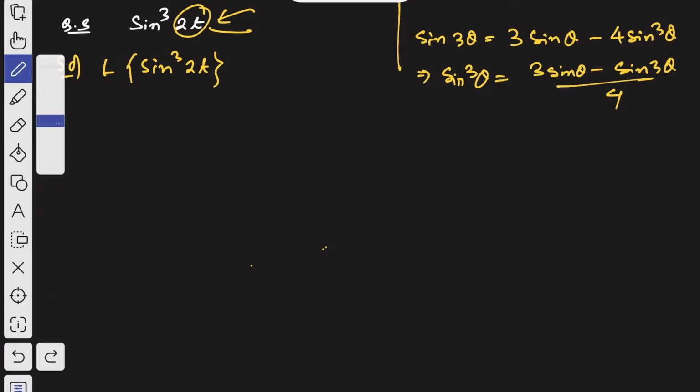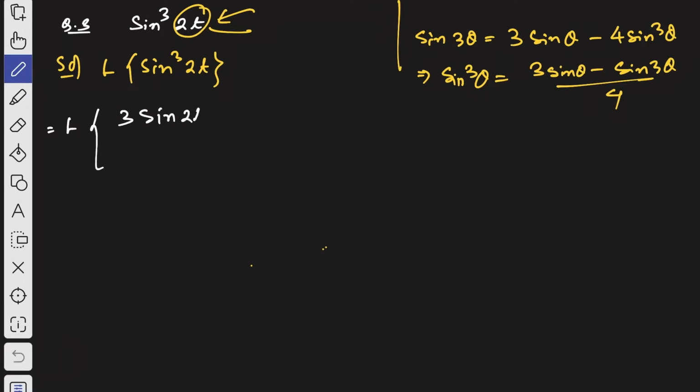Then we will get Laplace transformation of 3 sine theta will be replaced by 2t now, then minus sine 3 into 2t, that means 6t.